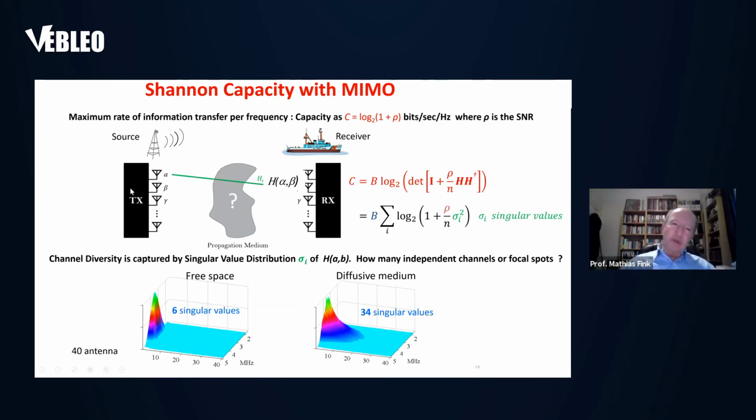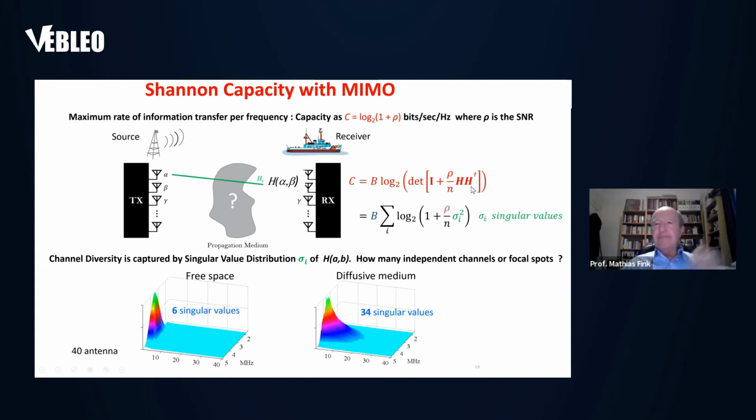H DAG is the transpose matrix plus conjugation. And H DAG is what we call the time reversal operator. If you send a signal from here, when it comes here, if you time reverse, when it comes back here, it is H DAG. And you see that the capacity now depends on this determinant of H H DAG.